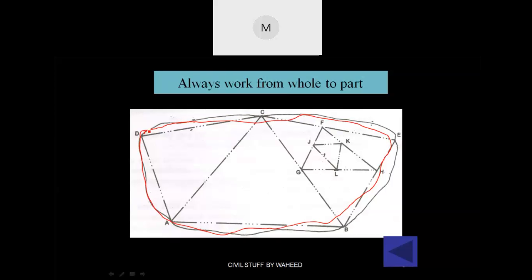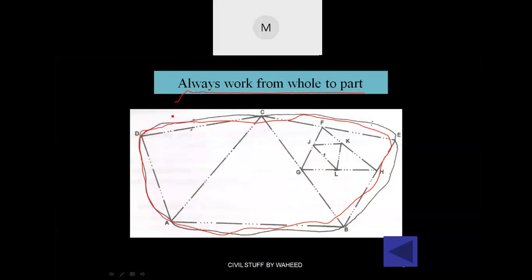Now, I want to calculate the area of this whole irregular area. Directly by using a chain or anything, we cannot calculate. So for calculating this one, see the title. What is the title? Always work from whole to part.